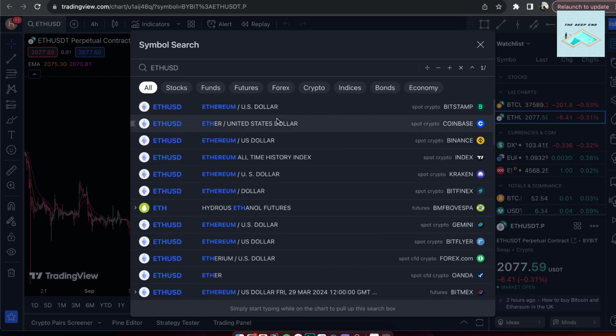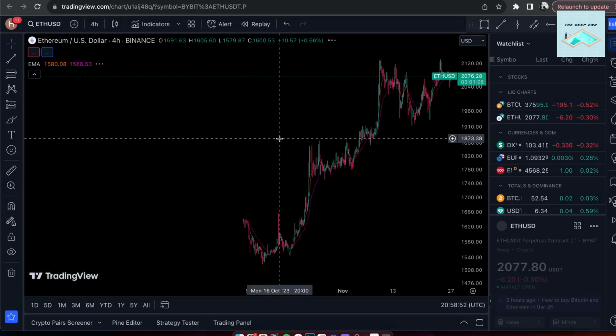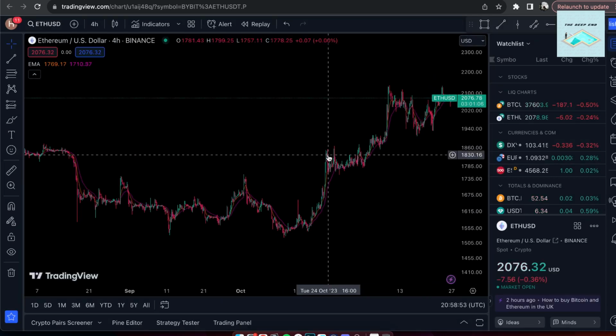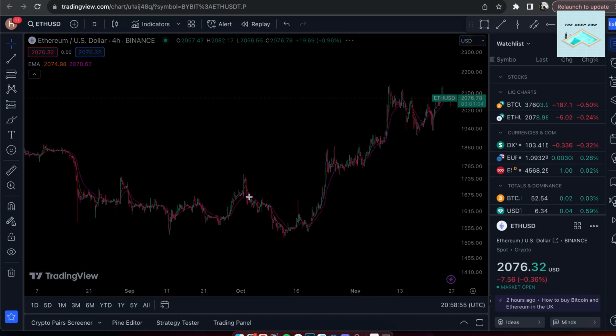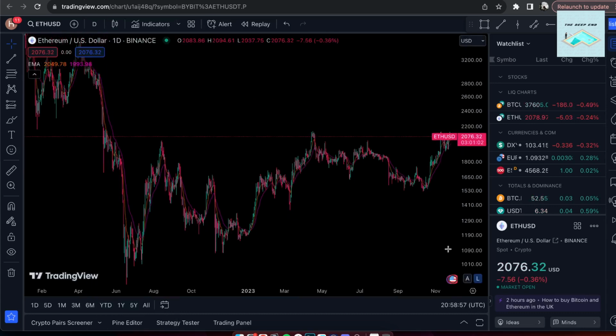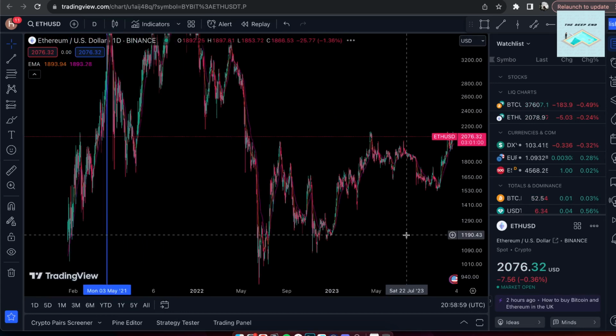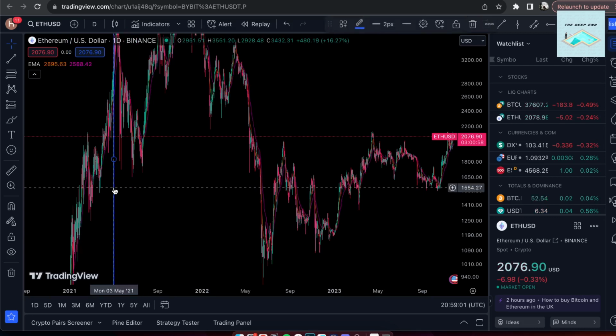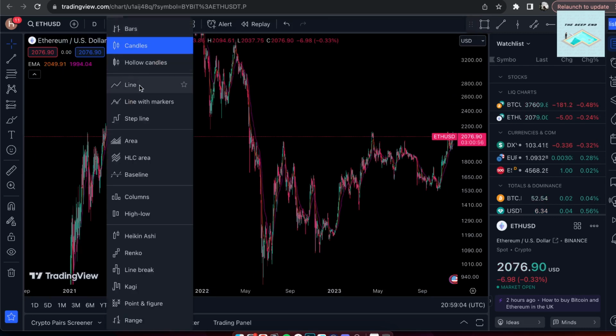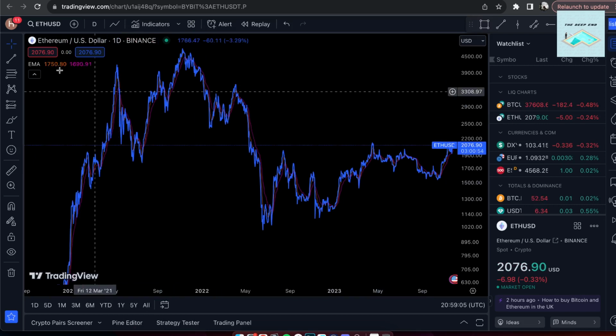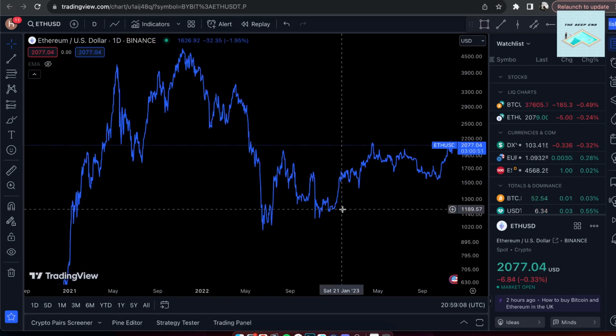Give me a straight up untouched Ethereum chart. So I'm gonna look at the daily chart for this, and I'm gonna change it into a line chart, as I just feel it's a wee bit easier. We'll take this off just now.